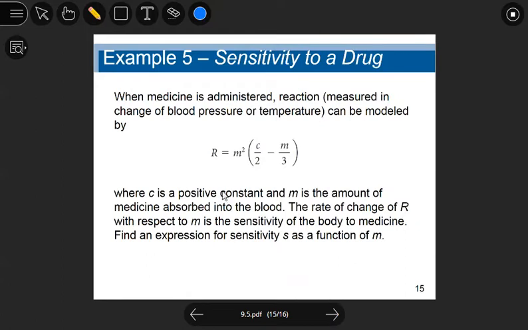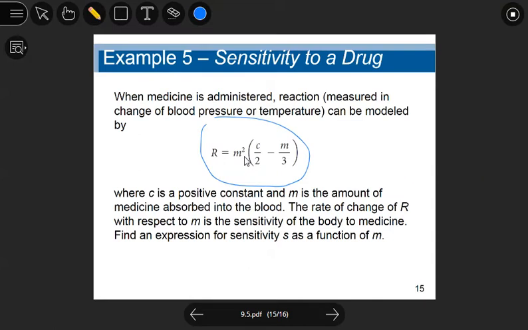So this is a given application problem, sensitivity to a drug. The specialty here is that you have to use both the product rule and the quotient rule. When a medicine is administered, a reaction, measured in change of blood pressure or temperature, can be modeled by this given mathematical model, where C is a positive constant, so this C is a constant, and M is the amount of medicine absorbed into the blood.